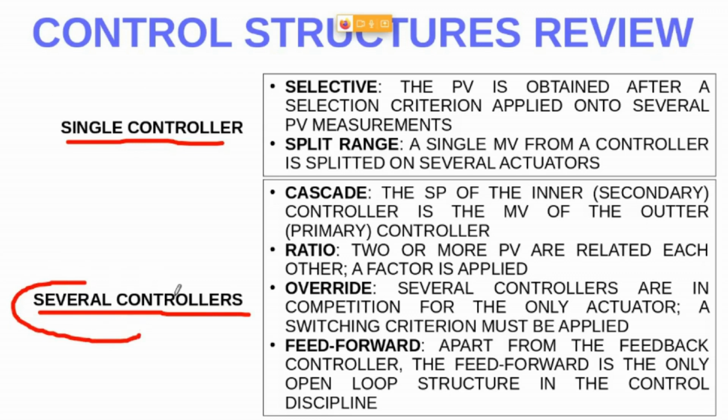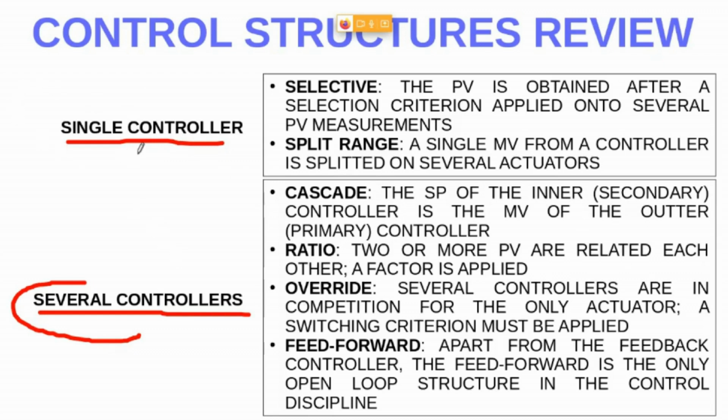So real PID controllers can be used on different control structures. For example, you buy a simple device, and this device can be configured as a single controller, but it can also be configured as a Cascade, a ratio, feed-forward controller, and the like.